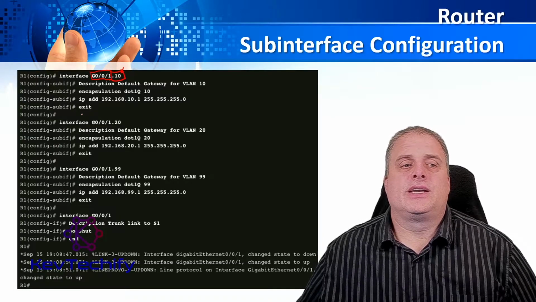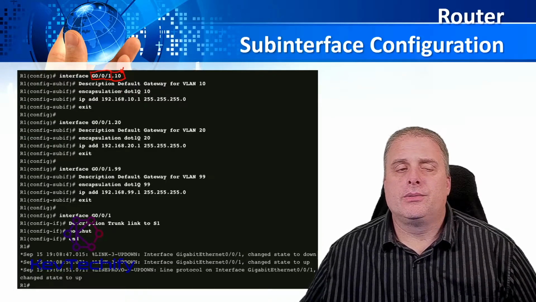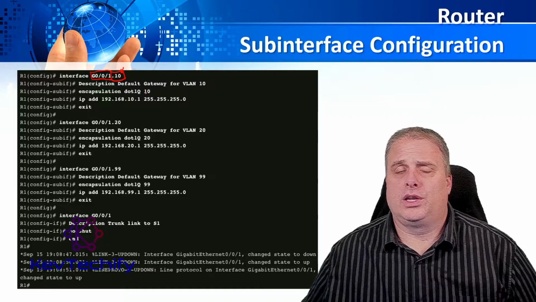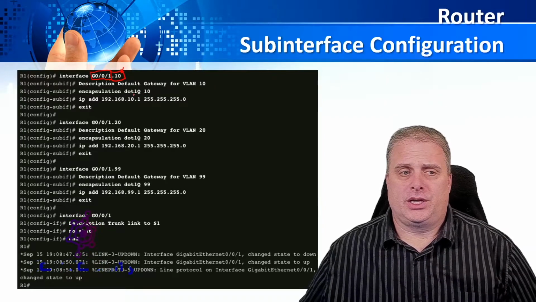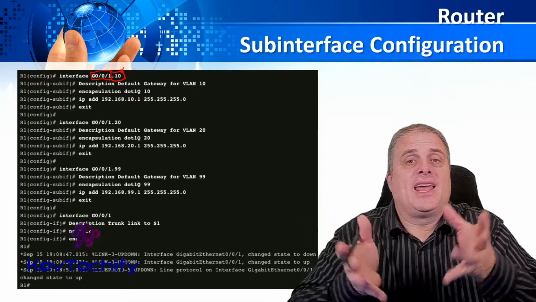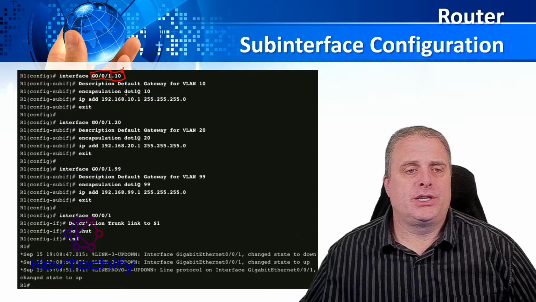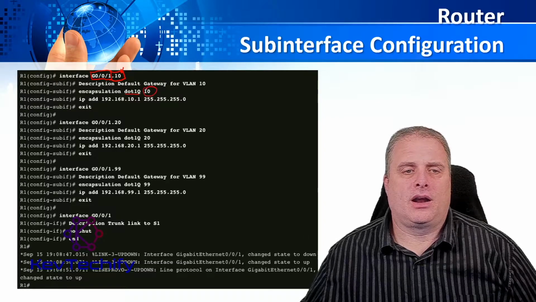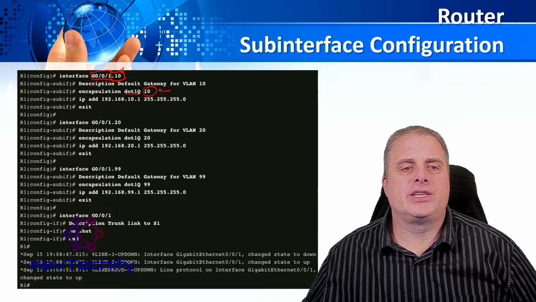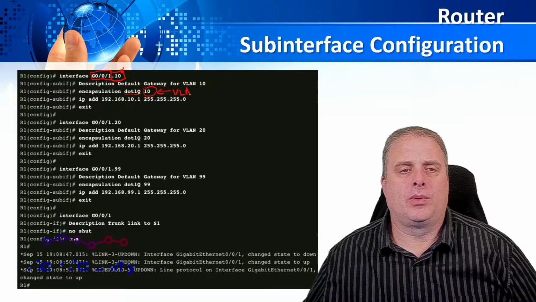Then we come along and tell it what type of encapsulation. You really only have one choice of .1Q for our encapsulation, meaning what frame tagging are we using. And so we start off by saying encapsulation, we say .1Q, and then you say what VLAN are we doing? What VLAN are we going to tag this with? And so that's our VLAN number here.